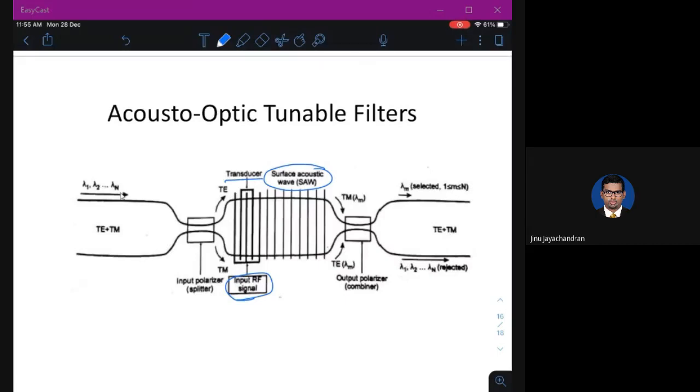So by applying a sound wave, you are changing the refractive index of the fingers, which will change the reflection of the polarized waves. It might also change the polarizing angle, and after getting combined at the output, it will produce only one particular wavelength, called the selected wavelength, and all others will be rejected.